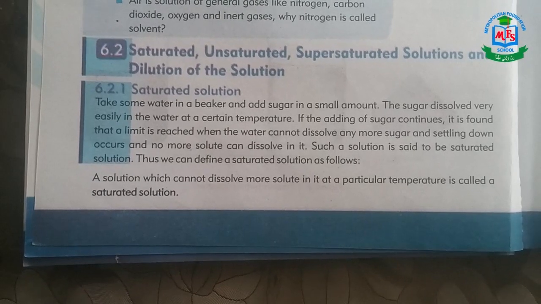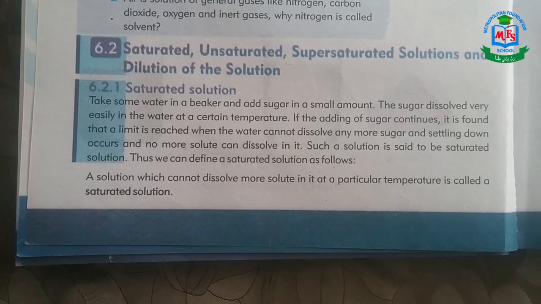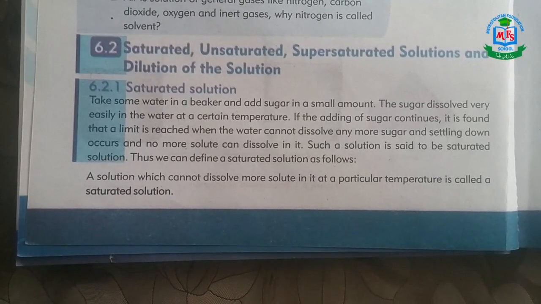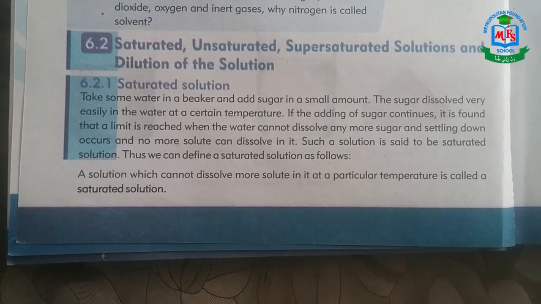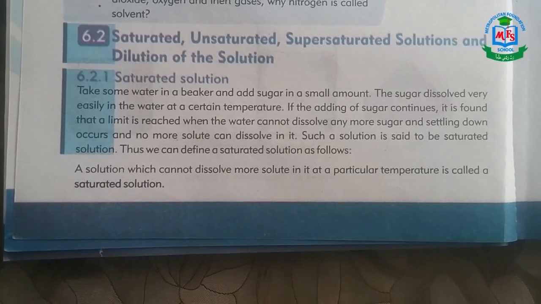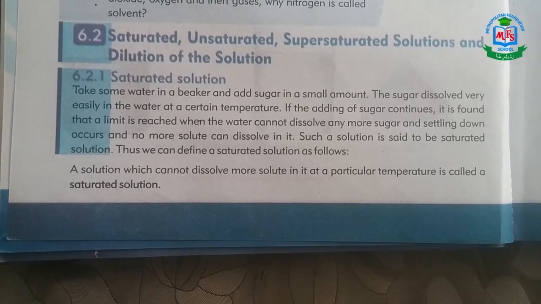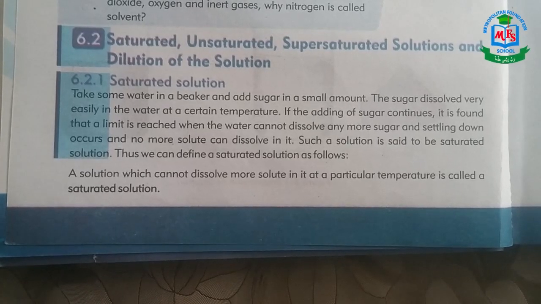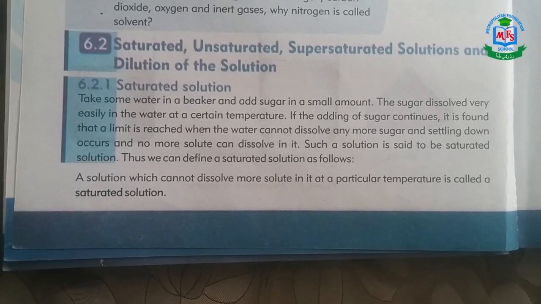For example, if we take the example of salt solution, we take some water in a beaker and we add some amount of salt in it and we start to dissolve this salt in water and add more salt and we dissolve it, but in this water a maximum amount of salt can dissolve.